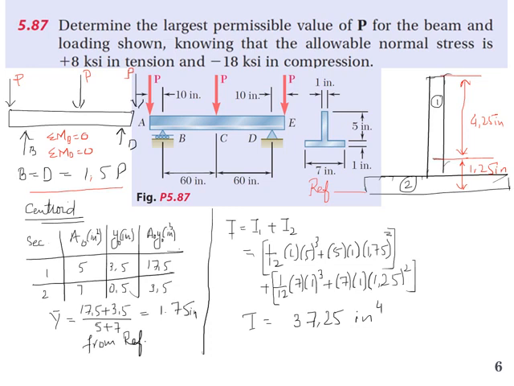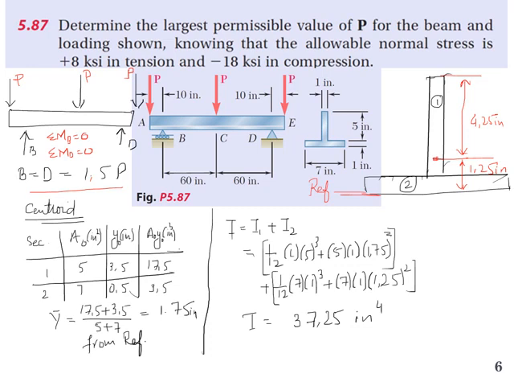Okay, now we need the cross-sectional property as well. We have to find the stresses, so first we have to find the location of the centroid. Dividing into two sections, 1 and 2, taking a reference at the bottom, we have A naught, the area of each section, and Y naught, the distance from the reference bottom to the centroid of sections 1 and 2.